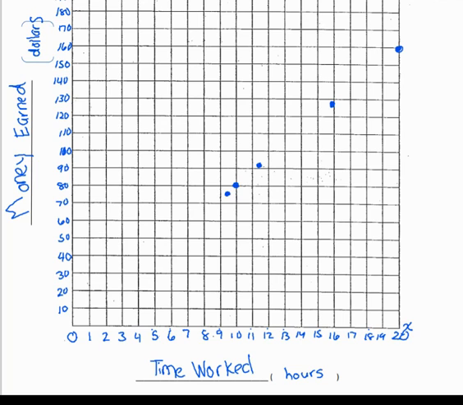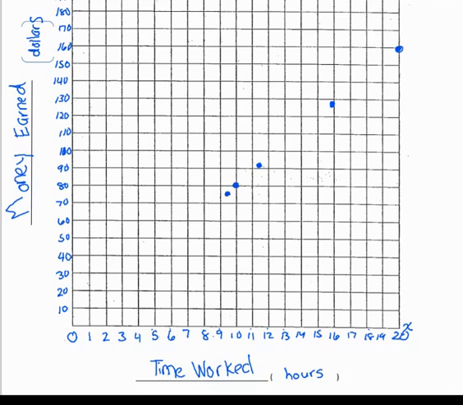Now, before we leave this graph, what do we have to do with these points? Connect them. Exactly, connect them. So you guys all have a folder near you. Take that straight edge of the folder, or if you have a ruler, that's great too. Take a straight edge, connect those dots, and then make a line. I don't want to see any crazy curvy lines, okay? So take a straight edge.